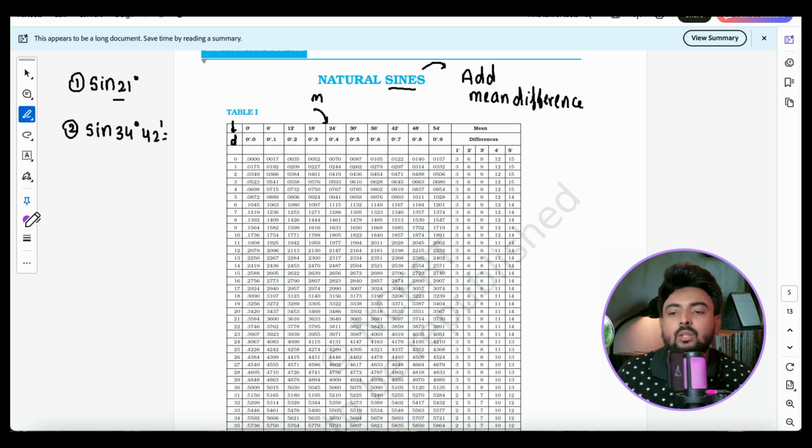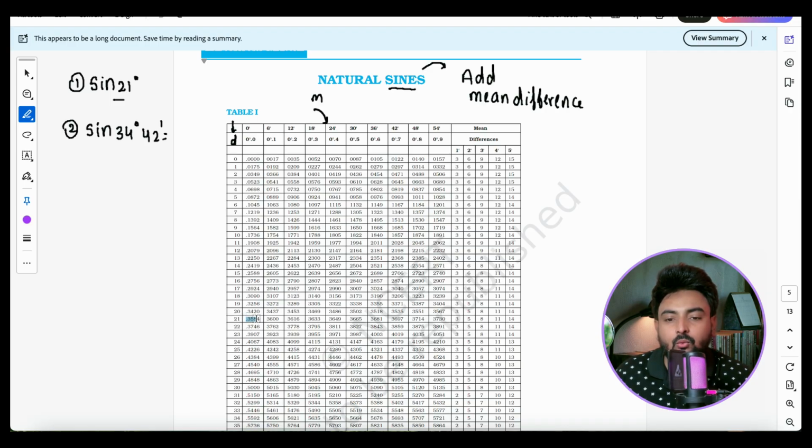So simply what I'll do here, children, is go in the degree column and go to 21 degrees. So sine 21 is over here. This is 21 degrees, and for 21 degrees I look in the 0 minute column.